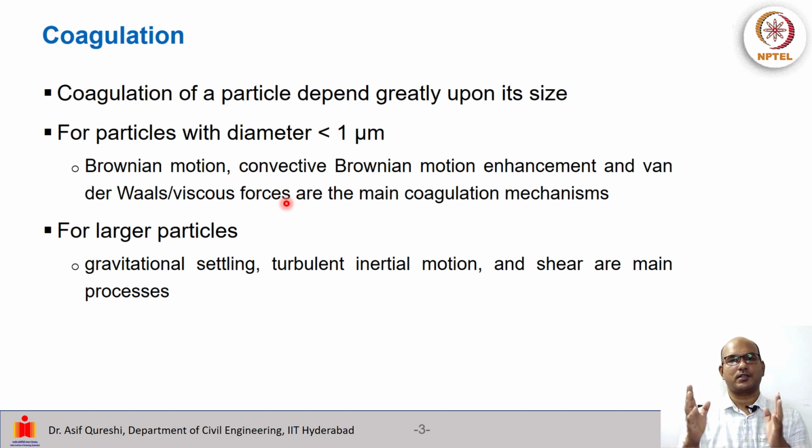There is more collision happening between particles, so they come together more, and through these forces we will have larger coagulation. For larger particles this does not become that important because we have gravitational settling, or maybe with turbulent motions there may be some coagulation, but for larger particles we are looking at settling in a more discrete sense.